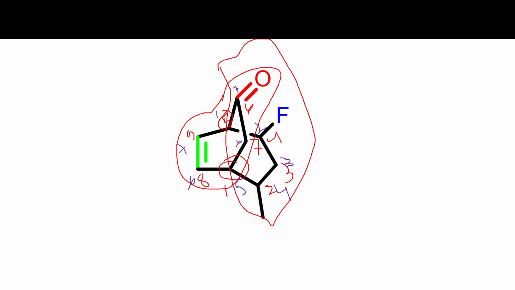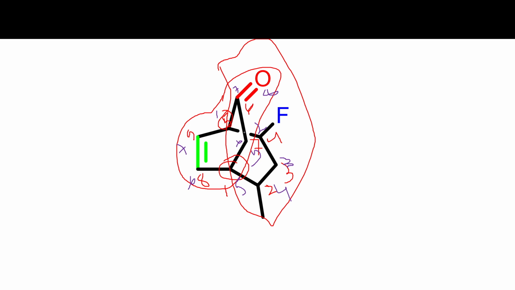Then you go this side, this will be 8, and this will be 9. So between these, which is most accurate? You have to go by the larger ring size, and if you go by the larger ring size, all of these are correct.